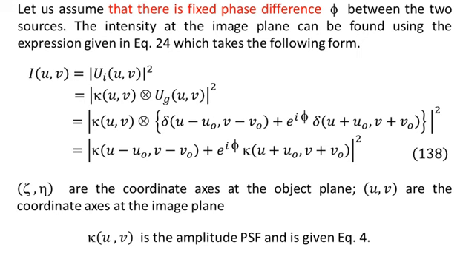So we have shown a delta as a function of u minus u naught comma v minus v naught plus e to the power iota phi, which is the phase difference between the two point sources, and the second delta function is at the coordinates delta of u plus u naught comma v plus v naught, and the absolute square is there.